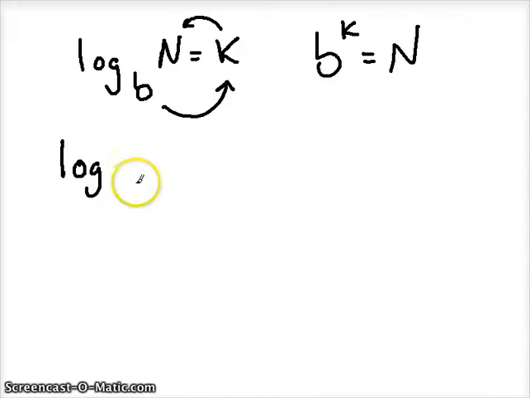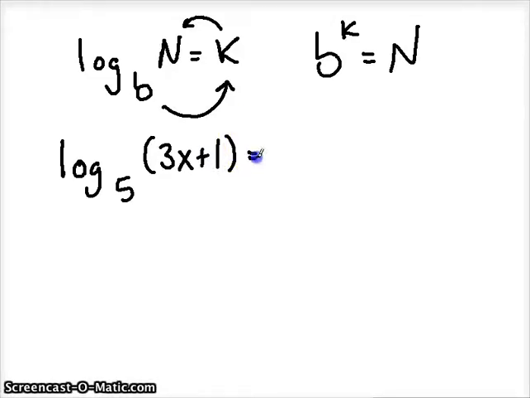So let's say that we have more than just one term here. So we still use the same property, but now this number right here is a binomial, and it doesn't really change anything. We still use our same method.